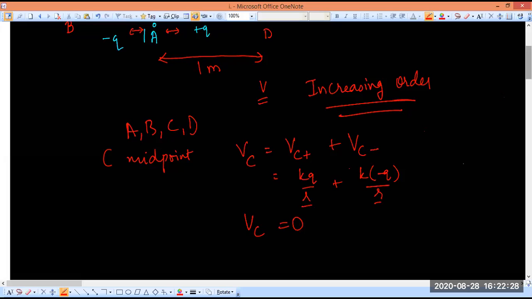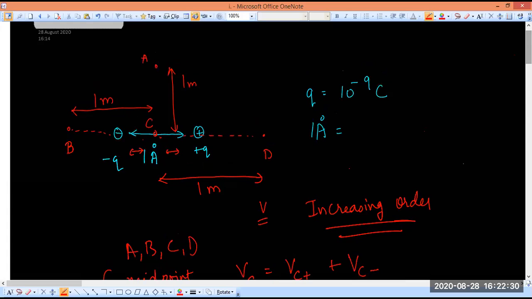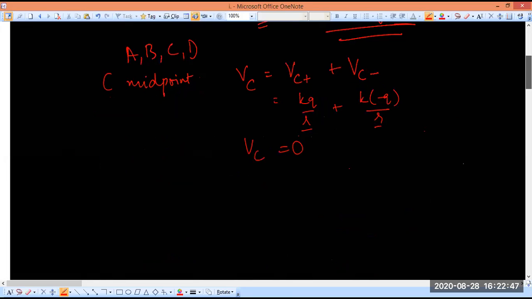Now, the next thing. Here A is at a right angle to this dipole, okay? And it is at a far distance, isn't it? 1 meter. Isn't 1 meter much greater than 1 angstrom, right? So we can use the formula. What's the formula?